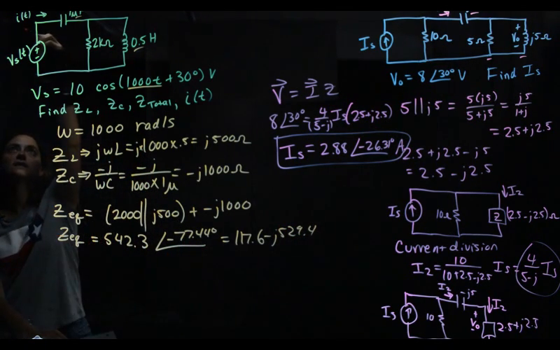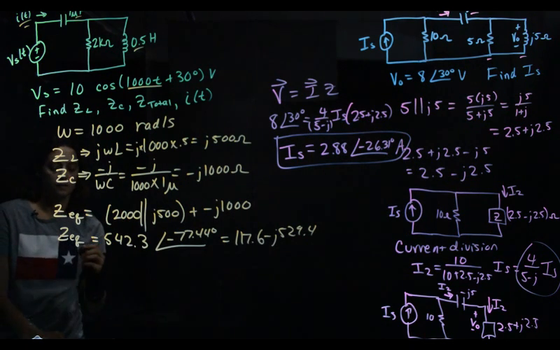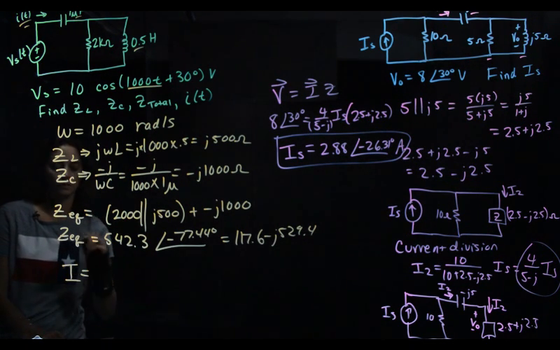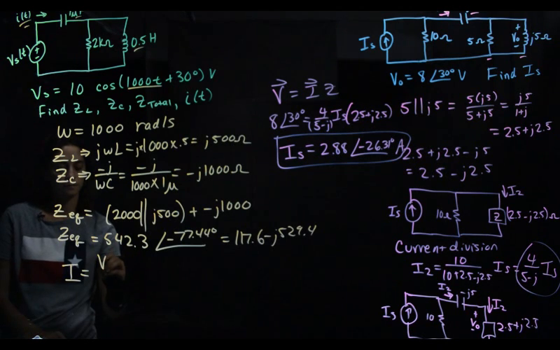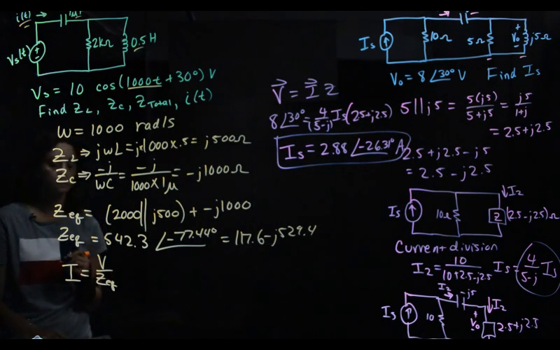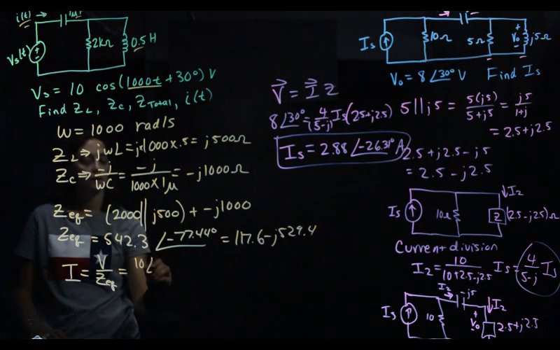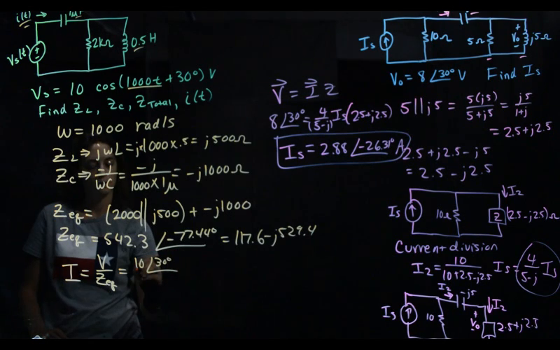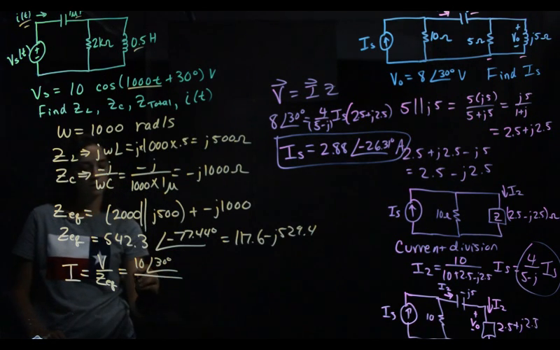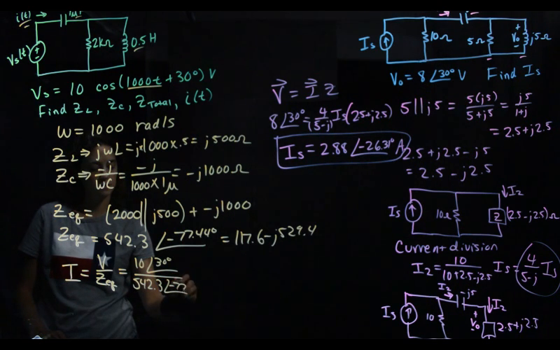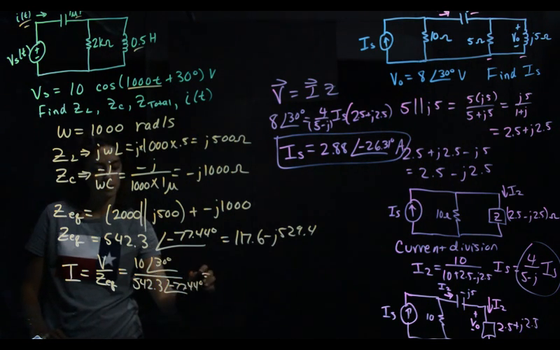And now my I is V over Z, impedance. V, 10 at an angle of 30 degrees, divided by my equivalent, 542.3 at an angle of minus 77.44.